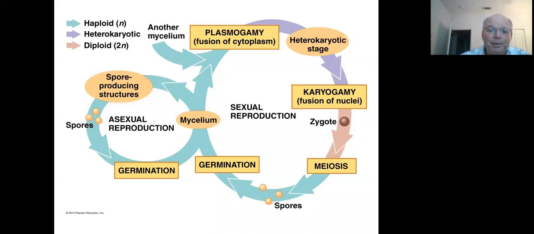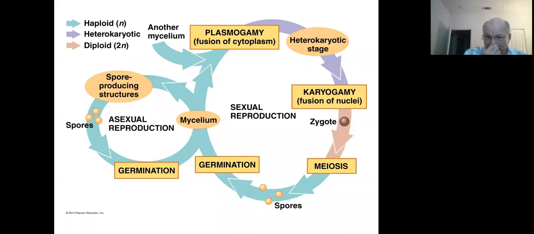If it is broken up into cellular compartments, then typically one copy of each haploid nucleus occupies every compartment. So each compartment contains two haploid nuclei, one from each of the two mating hyphae. And under those circumstances, we refer to this as a dikaryotic hypha, meaning two different haploid nuclei.